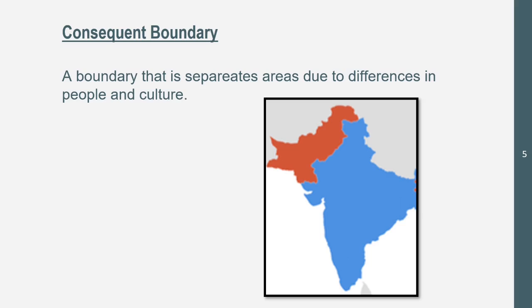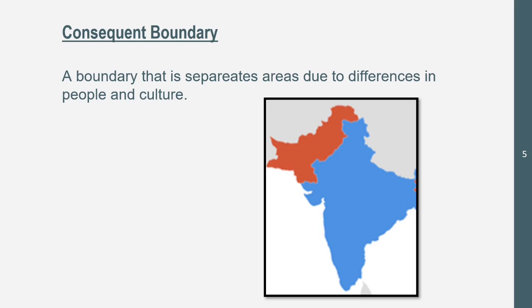Consequent boundaries. These are a type of subsequent boundary, actually, which are boundaries that separate areas due to differences in people and culture. So a good example of this is India and Pakistan. This is separating Muslims and Hindus. Pakistan, Islam. India, Hindu. Now, this would not be forced migration.